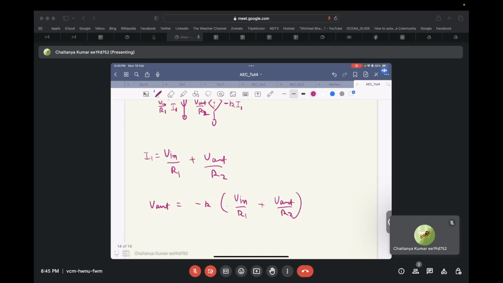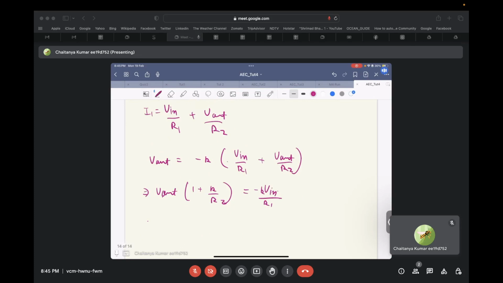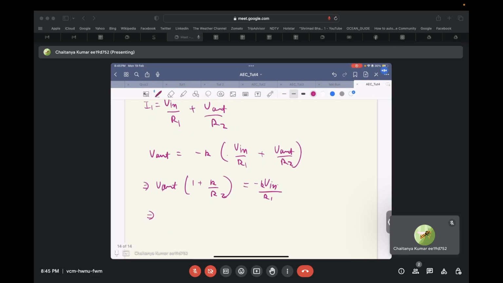So our equation becomes V out times 1 plus K by R2 is equal to minus K times V in by R1. That implies V out by V in is equal to minus K times R1 divided by 1 plus K by R2.